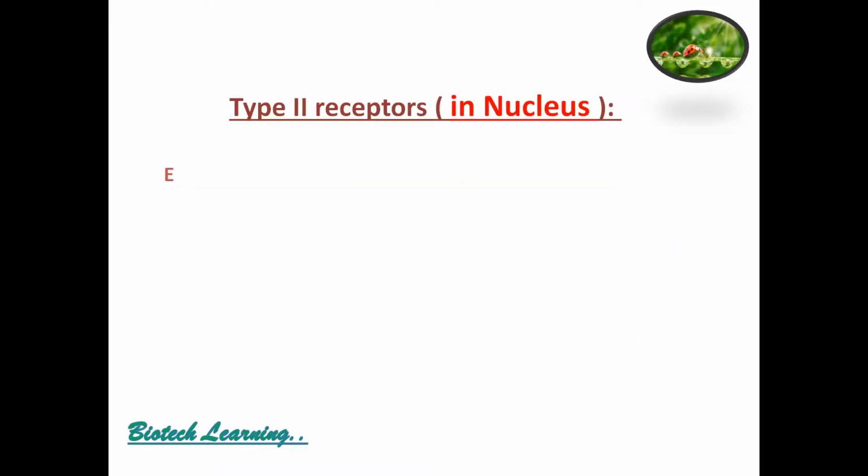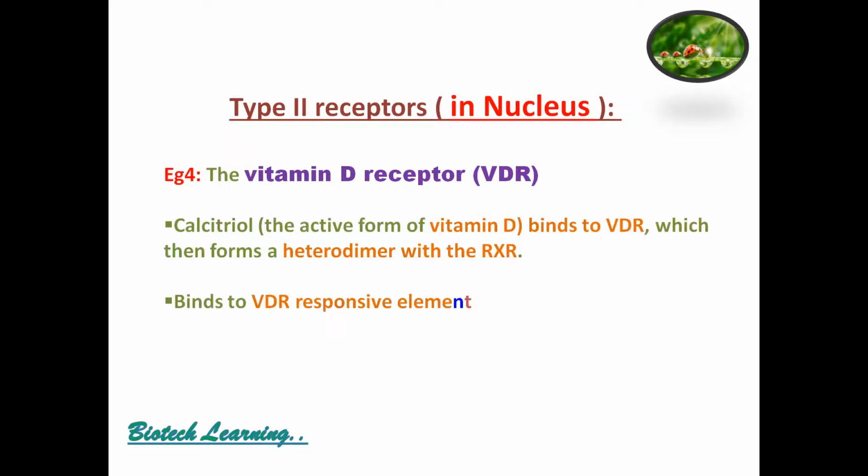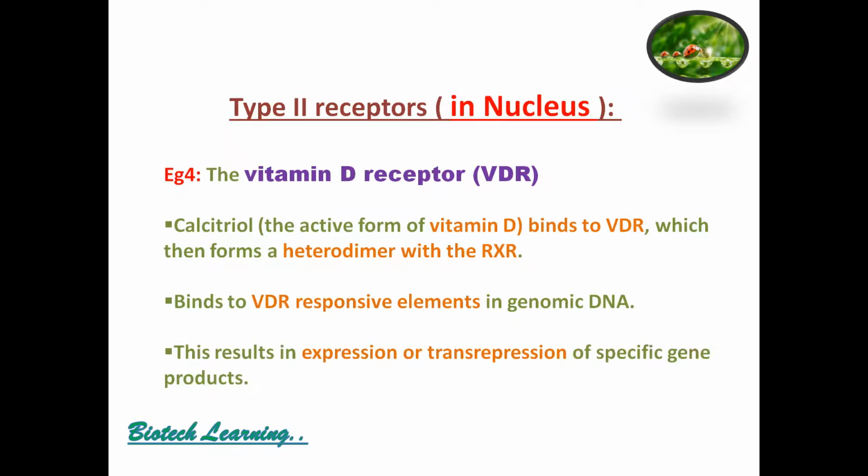Now let's see vitamin D receptor, VDR. They bind to their ligand calcitriol, which is the active form of vitamin D, and they form a heterodimer with RXR, that is retinoic acid related receptors.